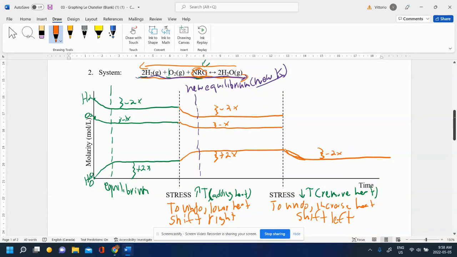So this will go up and stabilize, and this will also go up and stabilize. And so this went up by plus 2x, and this went up by plus x.